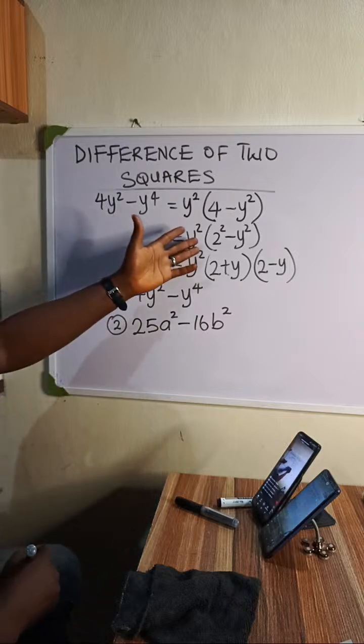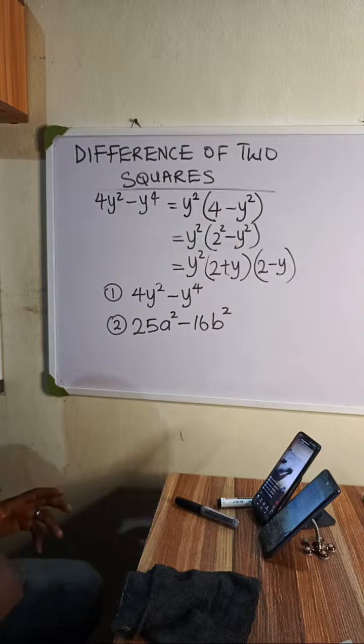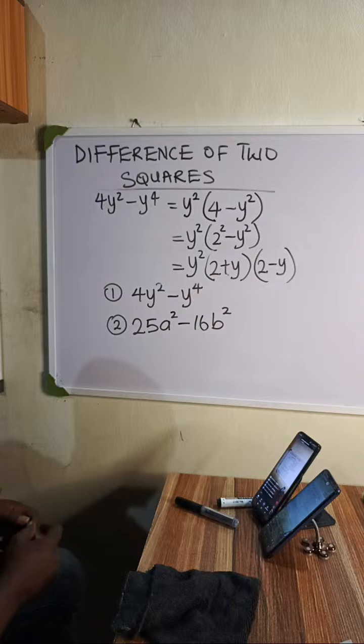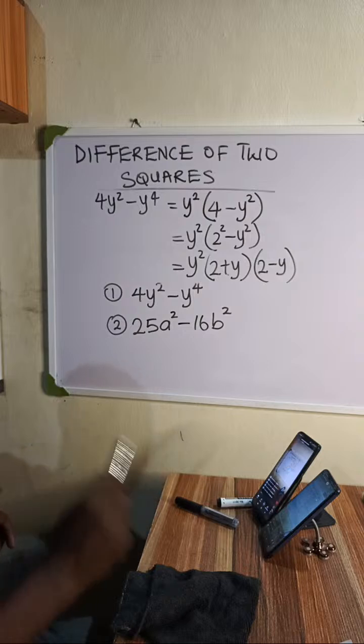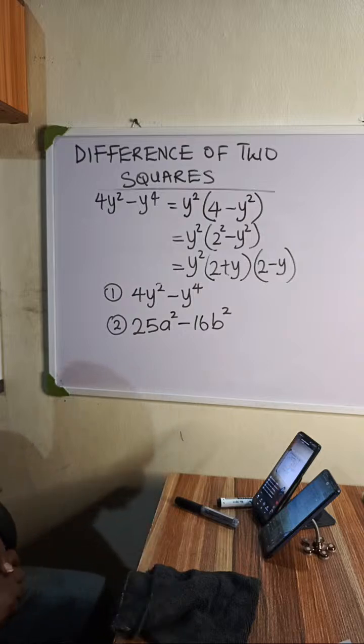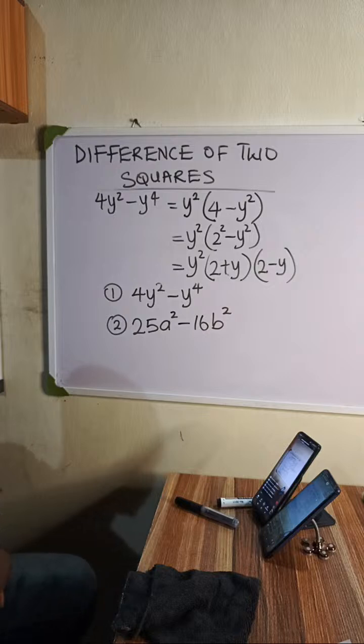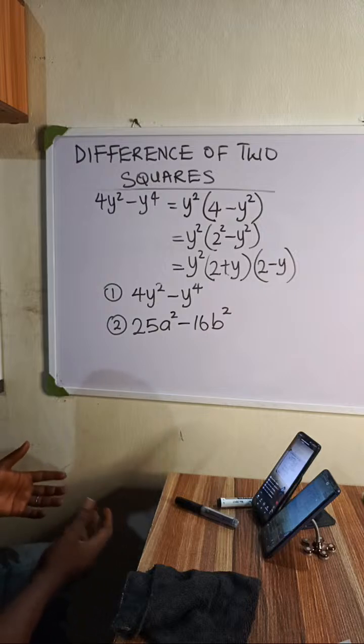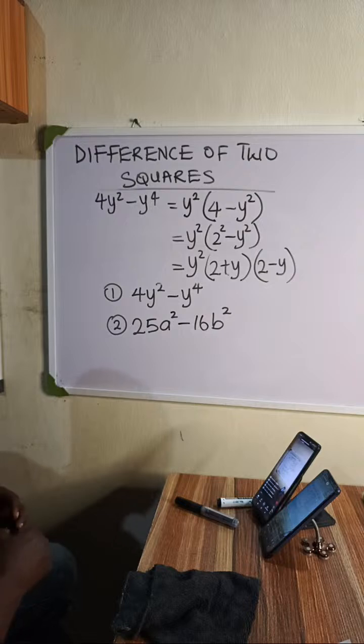So by doing this, we have factorized completely. Yeah, maths is amazing. Maths is amazing and very easy. If well explained, it's quite easy.